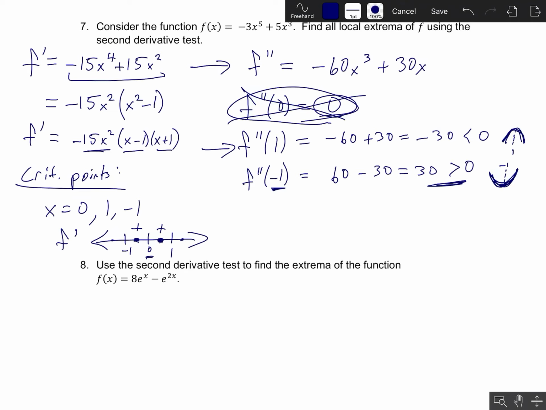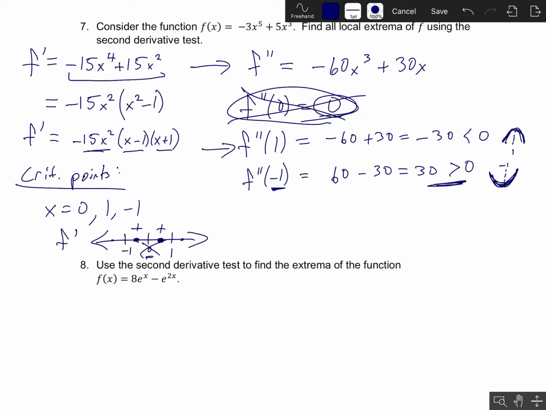And if you plug in a point over here into the first derivative, you'll again get something positive. So notice that the first derivative doesn't actually change signs at 0. And what that means is that the first derivative test says that 0 is neither a local max nor a local min. So we can throw out 0 as a candidate for the local maxes or local mins.